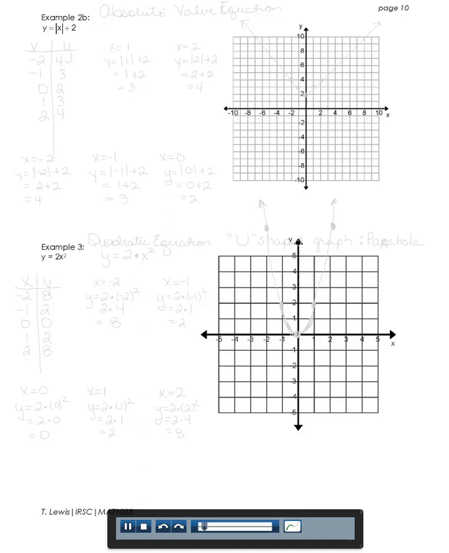But this is what we call an absolute value equation. Same thing, we're going to make a table like we've been doing before, an XY table.